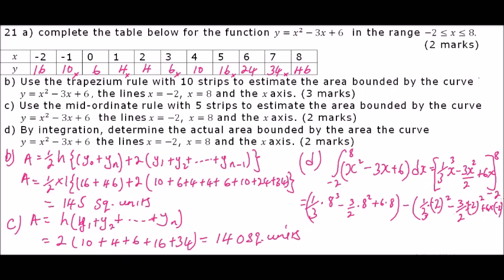And you close this bracket again. So when you compute that, you can use your calculator, and you'll be able to get the actual area is 143 and a third. You leave it in fraction form, that is square units. So that is the actual area, and that is how you work out that question.